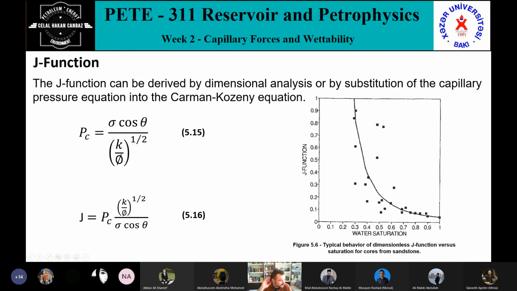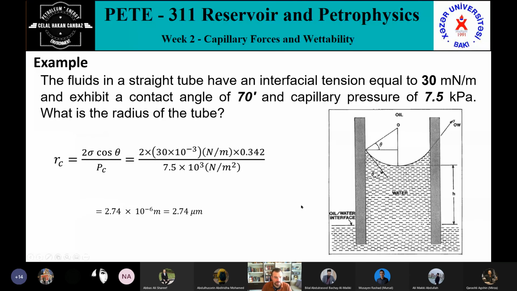So when I ask you the typical behavior of a J function with water saturation, you will say it's an exponential decrease, and you will draw this kind of figure. All right, let's continue.